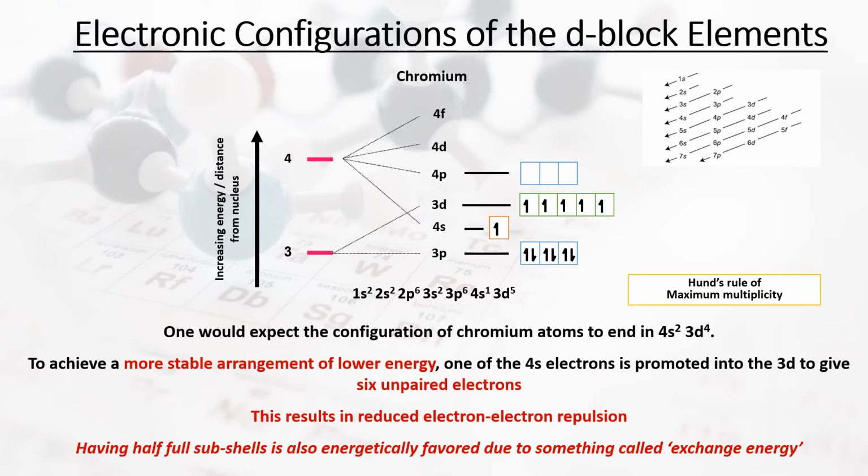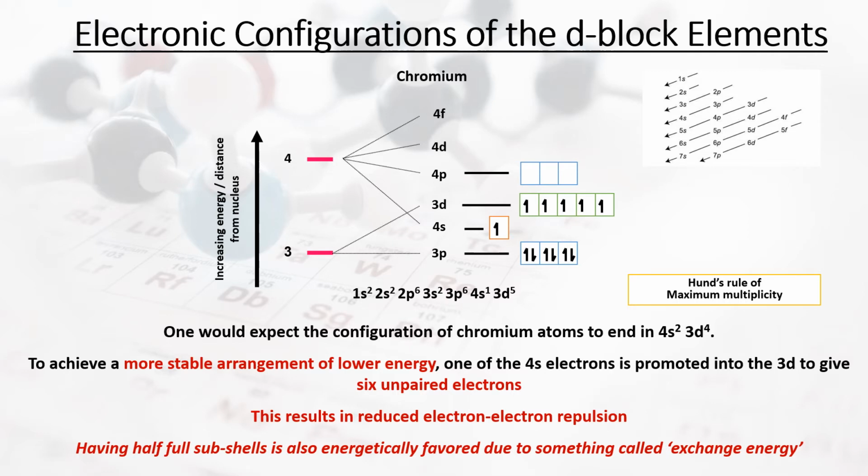Now, how can this happen? The reason it happens is because this promotion to make 4s1, 3d5 is more stable. It's a lower energy arrangement than the arrangement where we have 2 in the s and 4 in the d. Now, the reason for this that we have to know for A-level here is to think about it in terms of electron-electron repulsion. I have 4 electrons in my d orbitals.